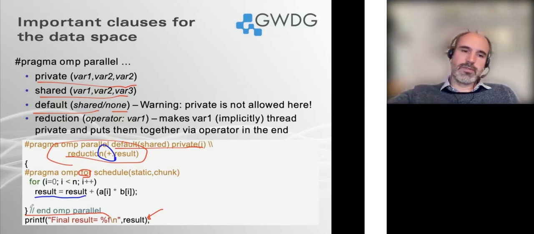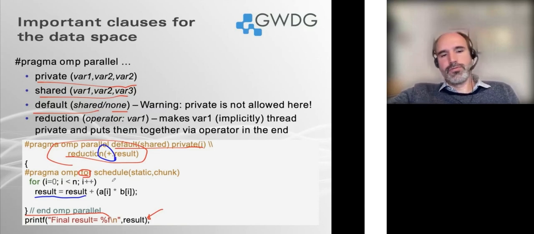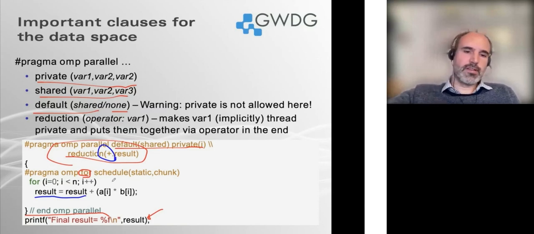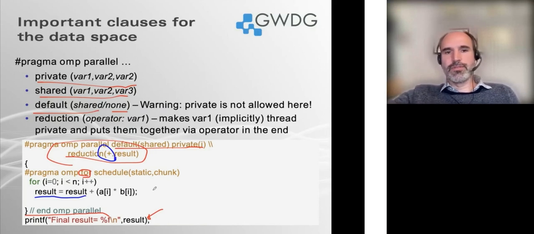And if you start your calculation with result equals result plus something, you might have an undefined state. Or you use a compiler flag saying all undefined variables need to be initialized with 0, then this is safe. So it depends on the good practice of programming how you solve this issue here.